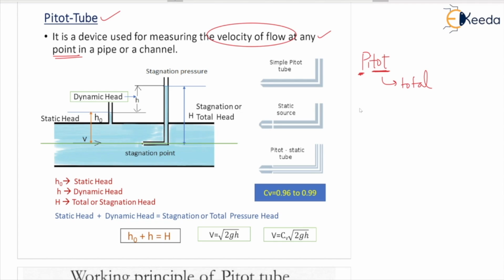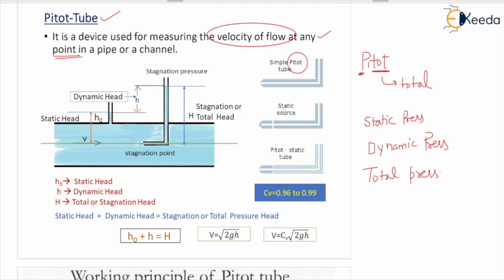We have static pressure, dynamic pressure and total pressure. So three types of pressure: static pressure, dynamic pressure and total pressure, also known as stagnation pressure. That is what we are going to discuss here. So a simple pitot tube will measure the total pressure.